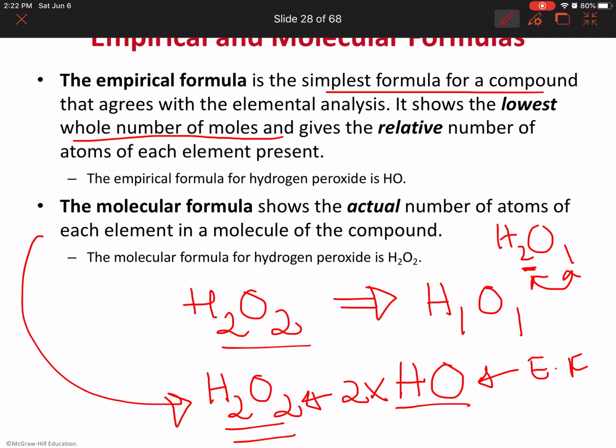Okay, and they are normally in whole numbers. We don't see fractions, right? Those are whole number molar ratios and they are not grams. So what we need to do is we need to find out what is the whole number ratio between the two atoms to find out the empirical formula. Same thing here in H2O2. These 2 and 2 represent the whole number molar ratios, not grams. Okay, and they are all in whole numbers.